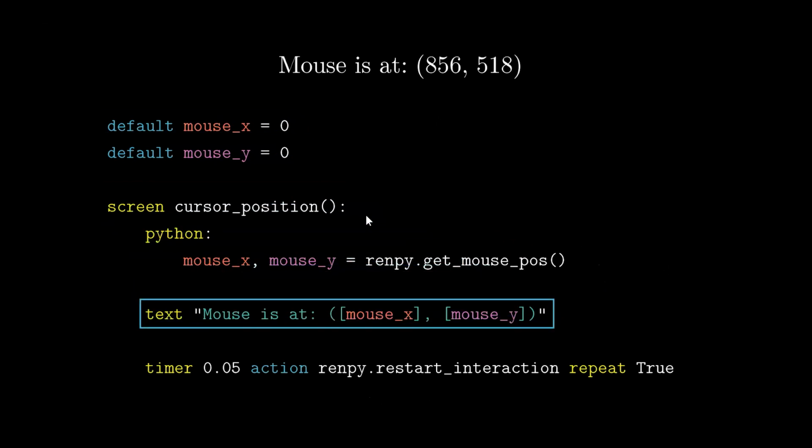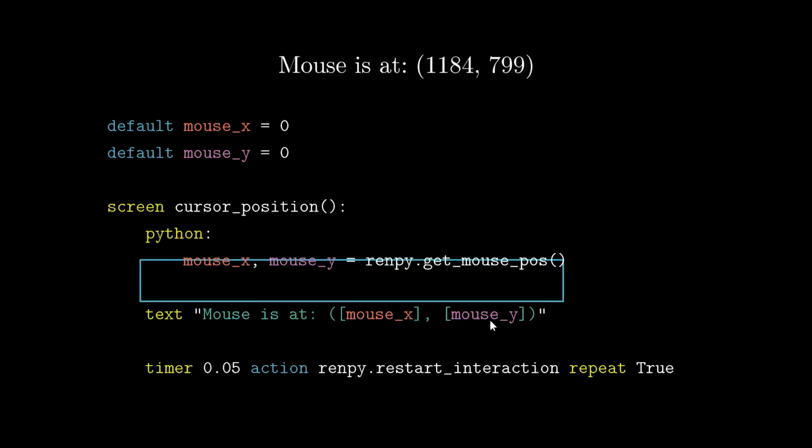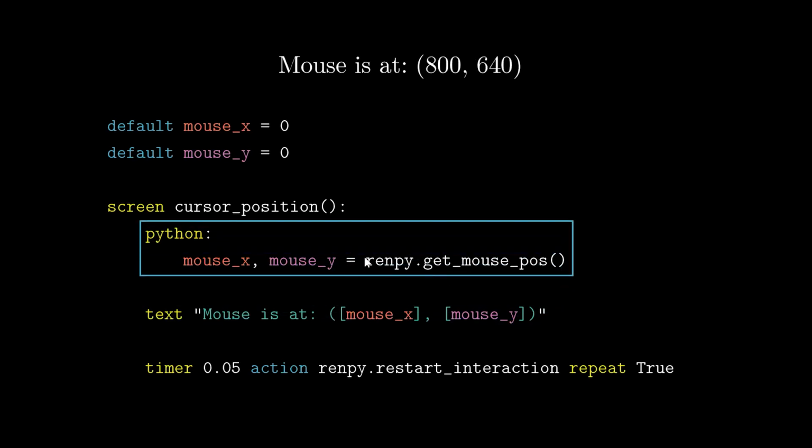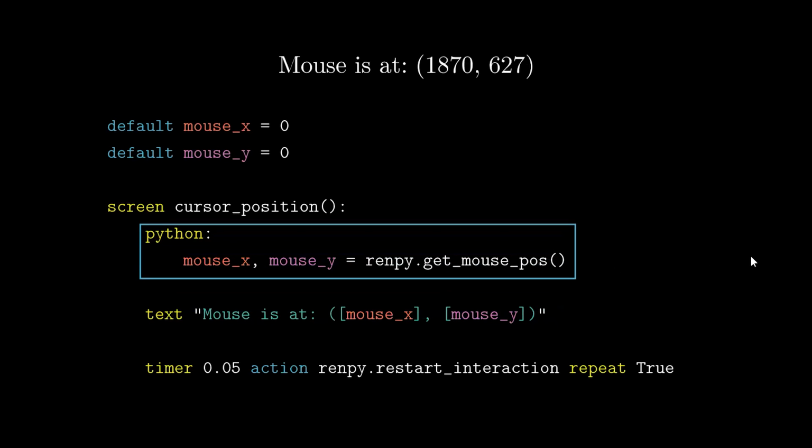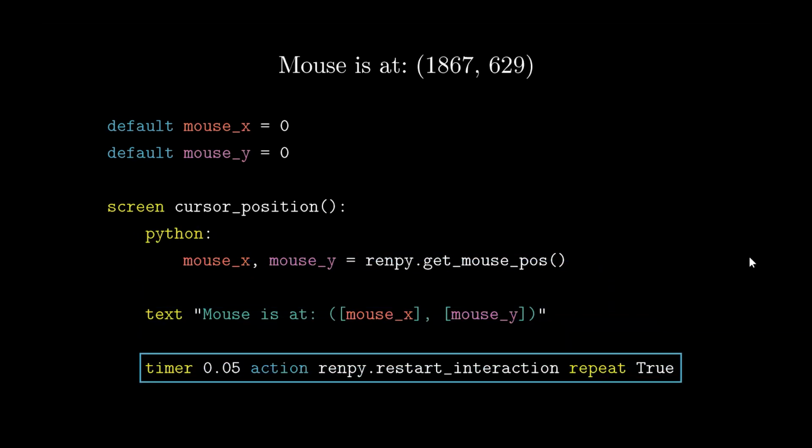In this screen, we have text that says mouse is at the X coordinate of the mouse and then the Y coordinate of the mouse. And then we make sure to get the mouse X and Y using renpy.get_mouse_pos. Lastly is to have the timer set on repeat here, repeat, and refreshes about 0.05 seconds.